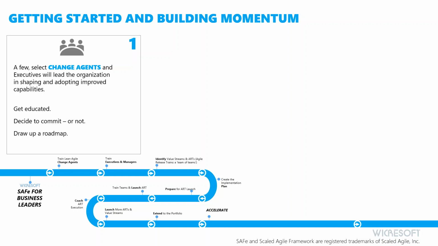So what I do as well is do a sort of short version called SAFe for Business Leaders, which is designed to just introduce the concepts at a high level, and then talk through the reality of how that might work in your specific organization, and then use that shorter experience to decide whether you want to take the next step and really get into training and building a roadmap.